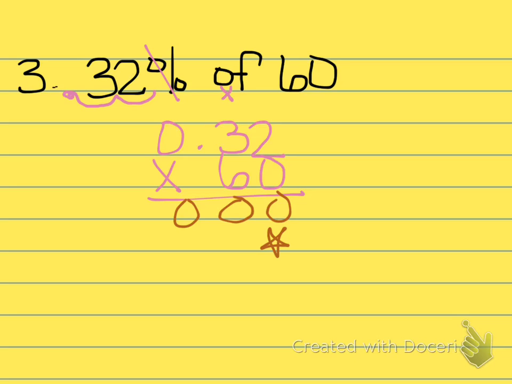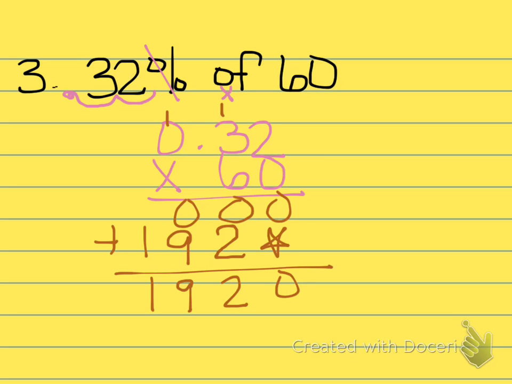For 6 times 2, we get 12 and put the 2 underneath where the 6 is and carry our 1 over. Then 6 times 3 is 18 plus 1 is 19. Carry the 1 over. 6 times 0 is 0 plus 1 is 1. Then we add this up. That's why we want to make sure that we line everything up nicely and that we indented.